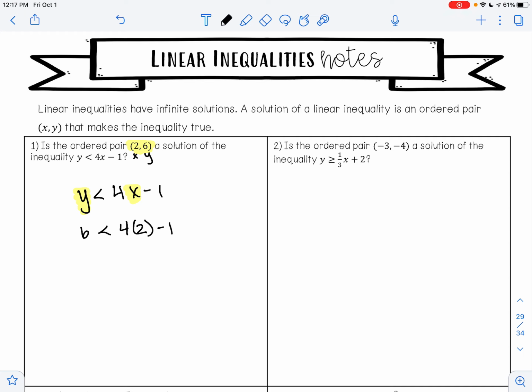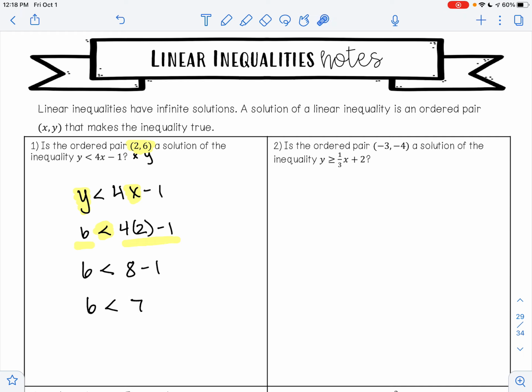What we're trying to do is see if 6 is less than 4 times 2 minus 1. So we're seeing if the left side is less than the right side. To do that, we have to simplify this side using the order of operations. I'm going to bring down my 6 and my less than symbol. 4 times 2 is 8. 8 minus 1 is 7.